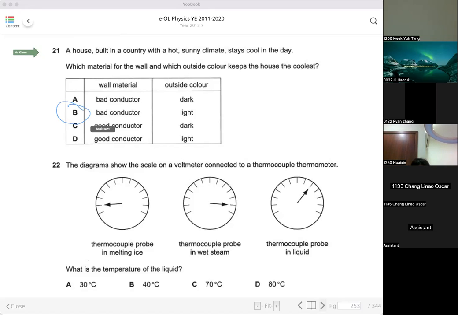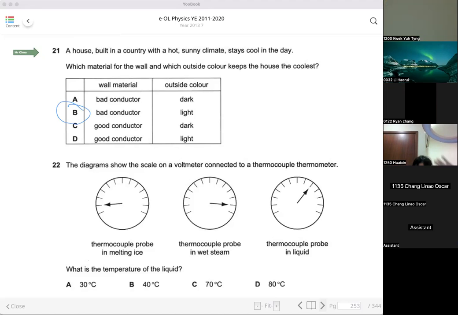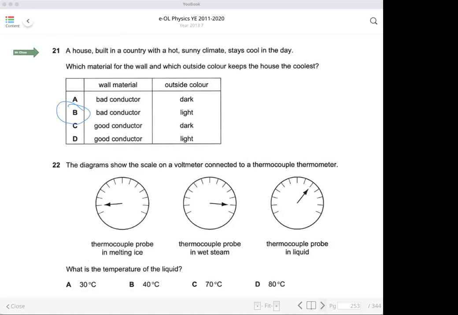Let's do question number 22. Okay, begin. Okay, 22.